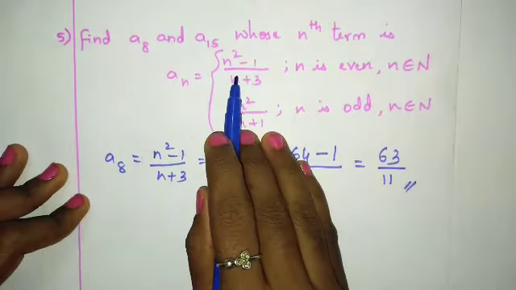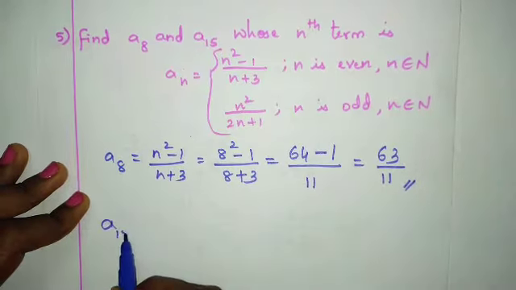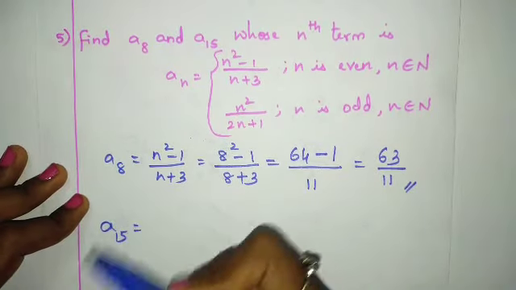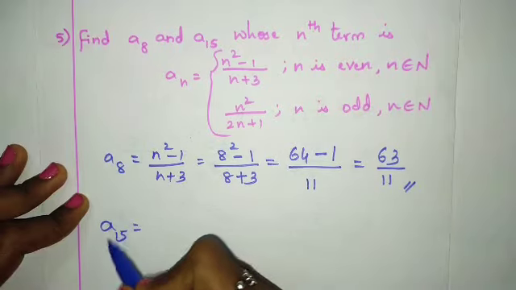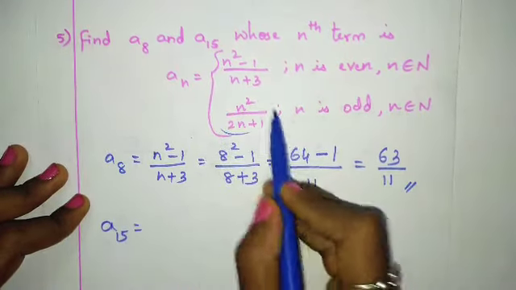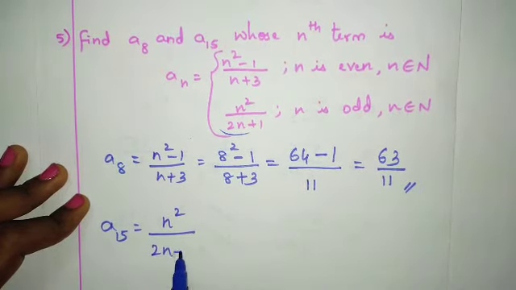So we took the even function. Next they asked a15. Similarly, wherever you have n, substitute 15. But 15 is an odd number, and for odd numbers they have given a separate function. So select that function, n square divided by 2n plus 1.